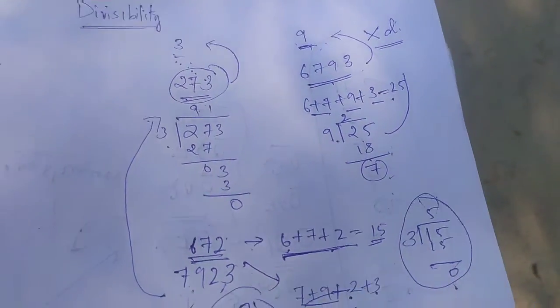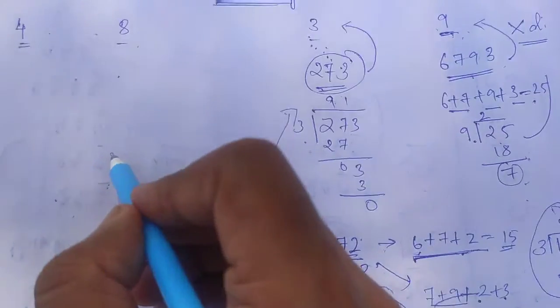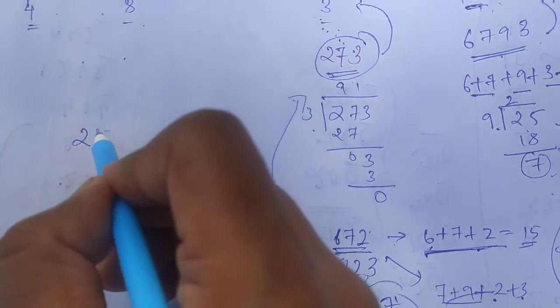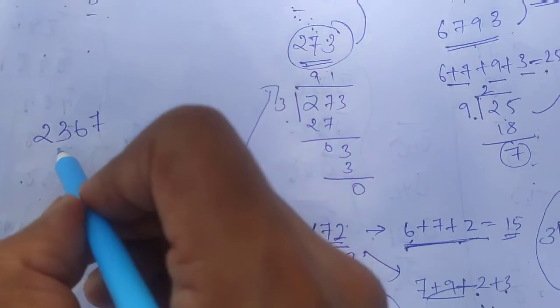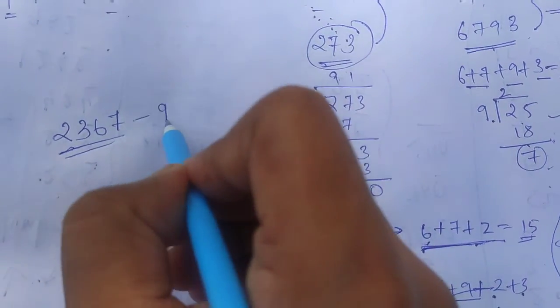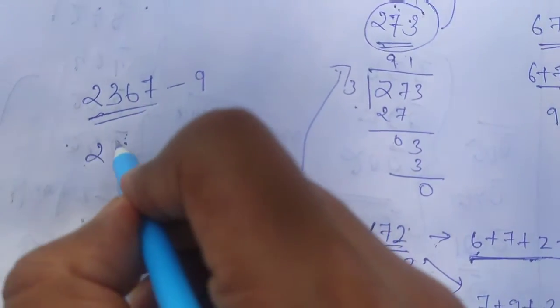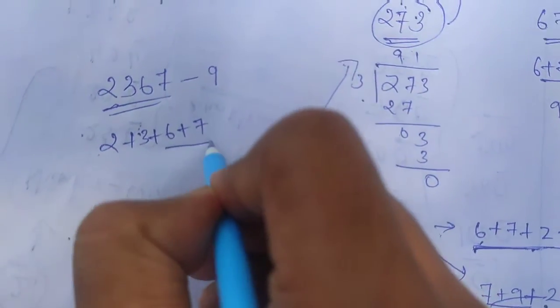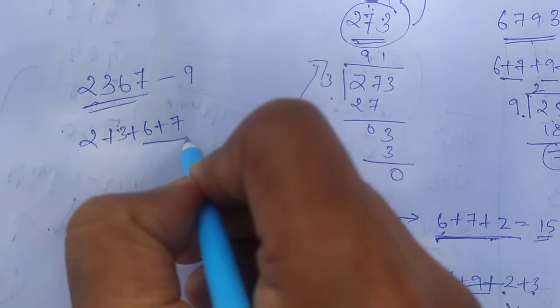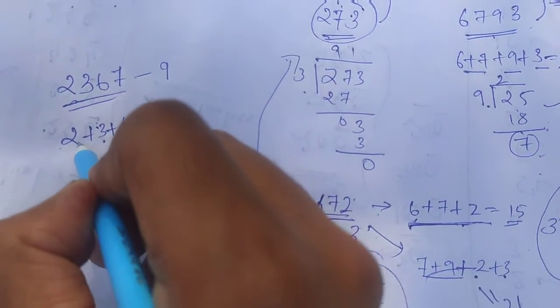Now let us take another number for 9. Let us take the number 2367. Now let's check for 9. Add 2 plus 3 plus 6 plus 7. 7 plus 6 is 13. 13 plus 3 is 16. 16 plus 2 is 18.